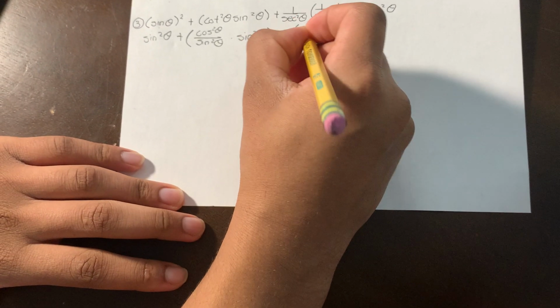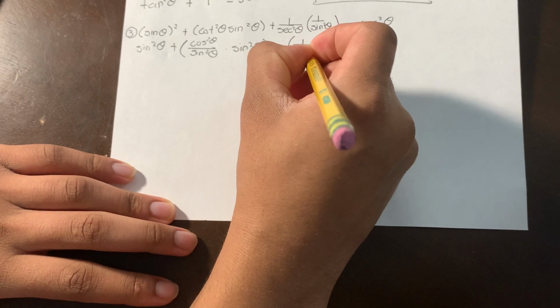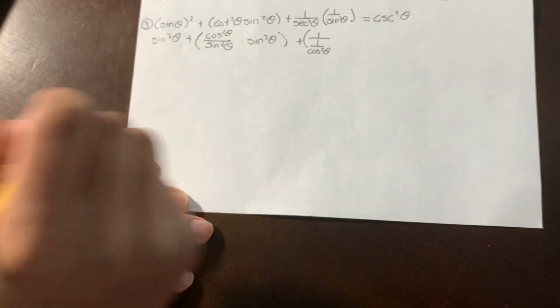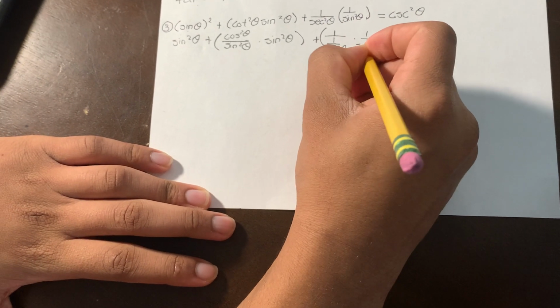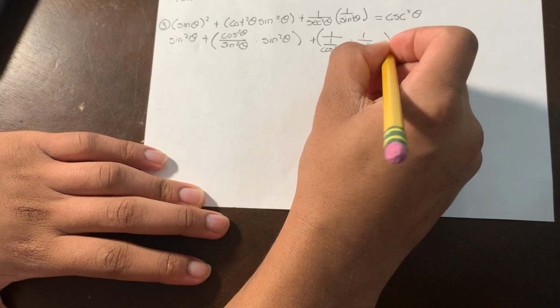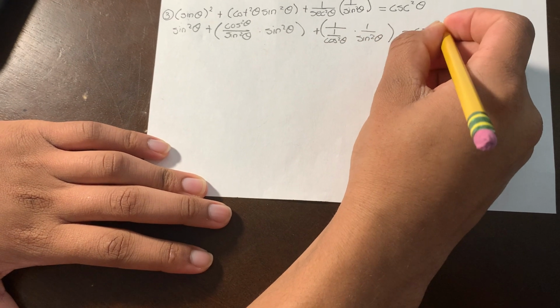Secant is basically 1 over cosine, so multiplied by 1 over sine squared theta is equal to cosecant squared theta.